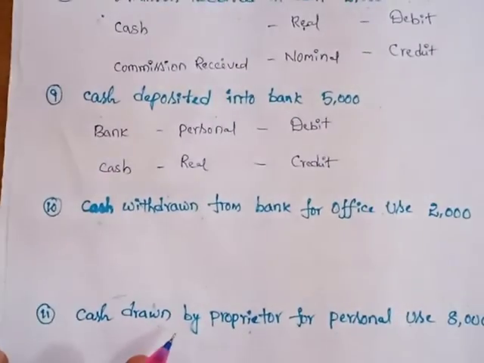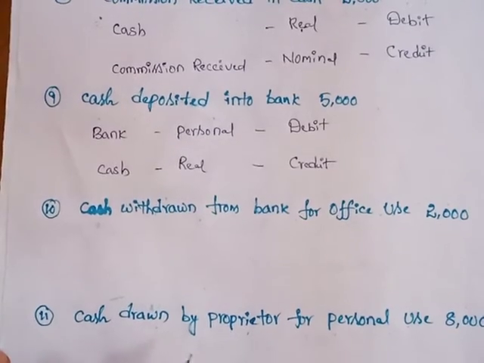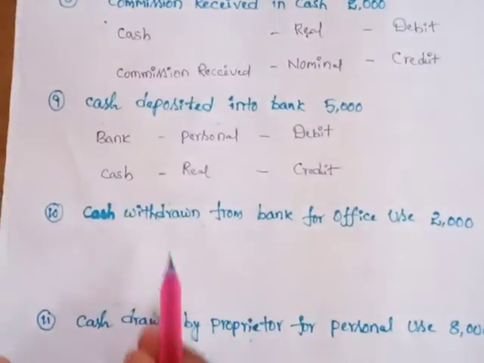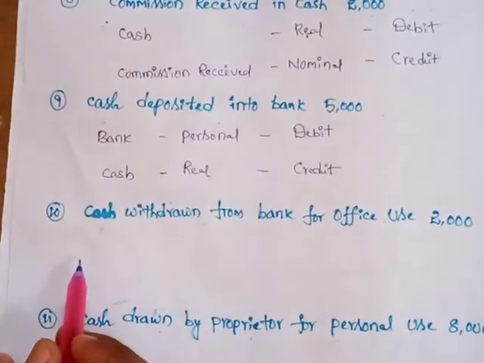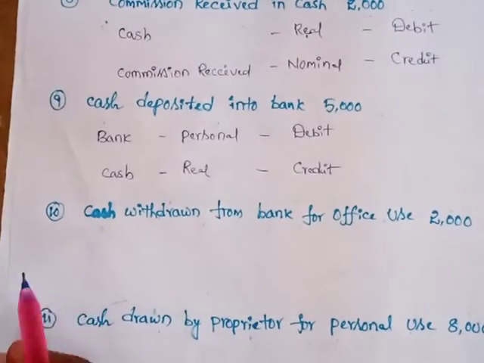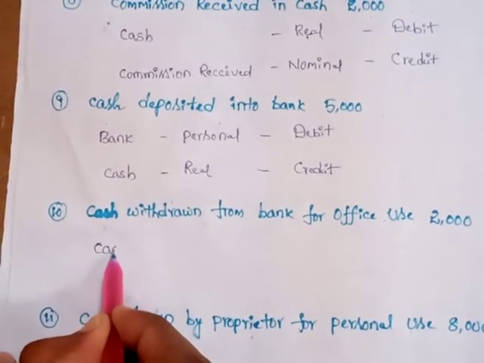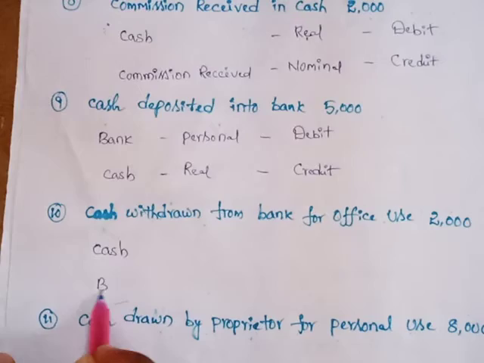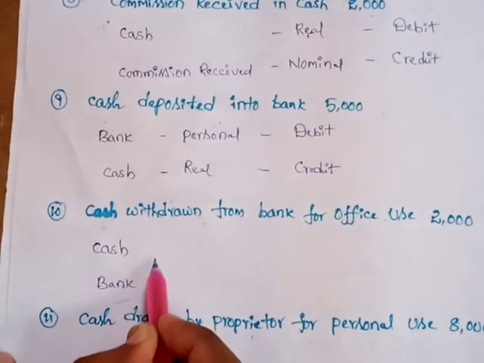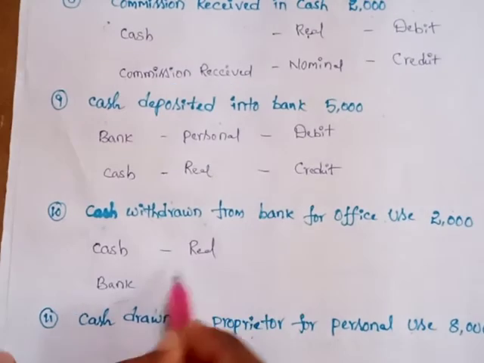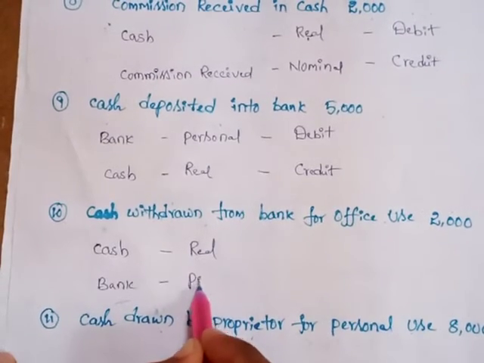Next, cash withdrawn from bank for office use. In this transaction also there are two accounts, two aspects involved. One is cash, second one is bank. Cash is an asset, that's why it's a real account, and bank is a personal account.